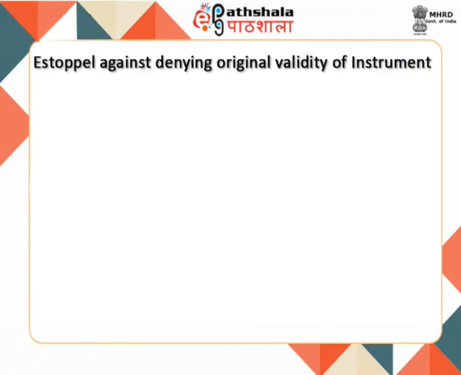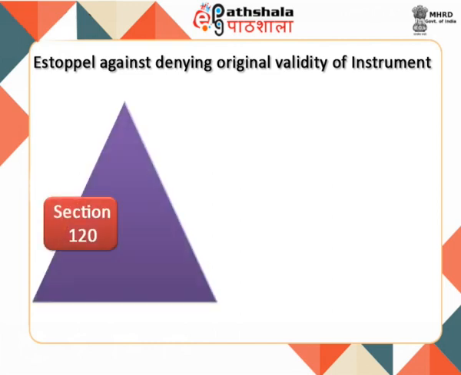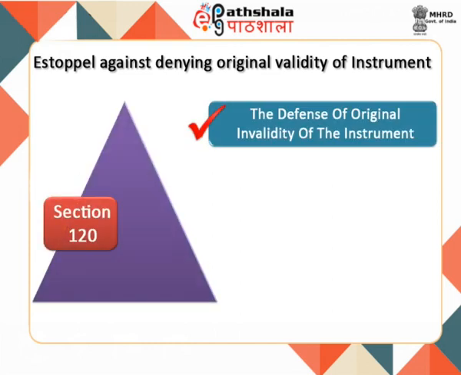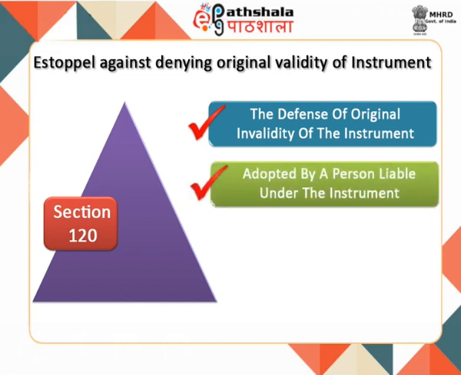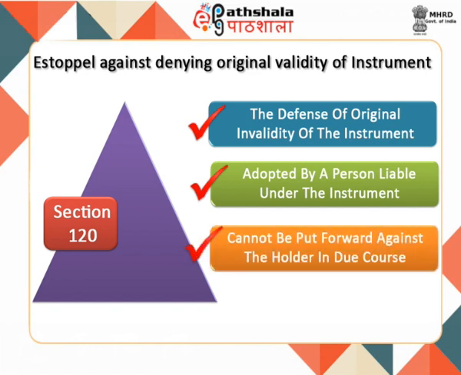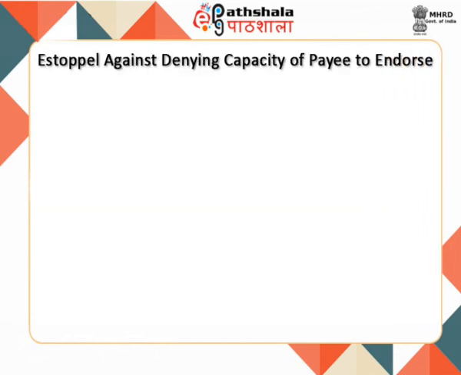Estoppel against denying original validity of instrument. As per section 120, the defense of original invalidity of the instrument may be adopted by a person liable under the instrument, but this defense cannot be put forward against the holder in due course. Estoppel against denying capacity of payee to endorse.